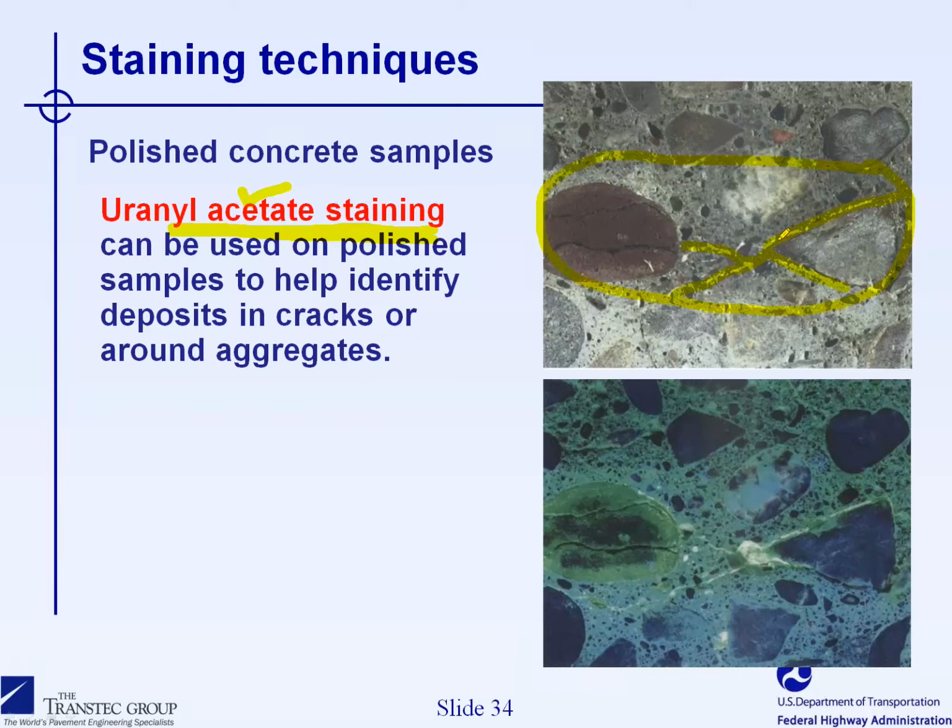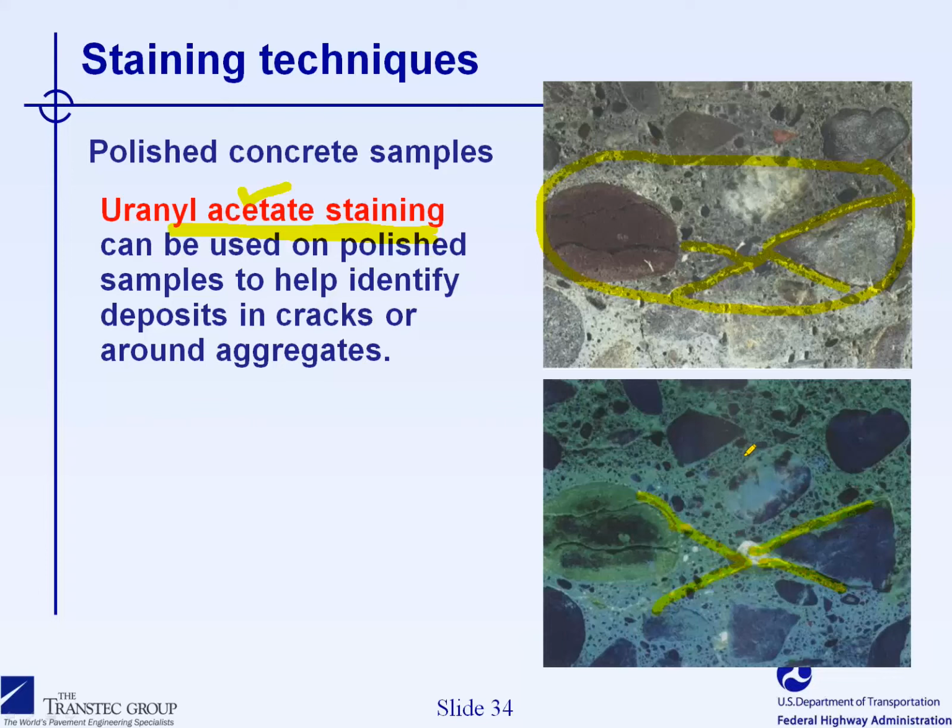And this ion exchange will contribute to doping, if you like, the gel with that uranyl acetate ion. And when you expose the treated concrete to ultraviolet light, the gel actually will become much easier to identify, because it's going to glow under the UV light. So that's one of the tools that has been developed and proposed. Unfortunately, a number of states do not allow the use of this technique because of some environmental issues. It's slightly radioactive.